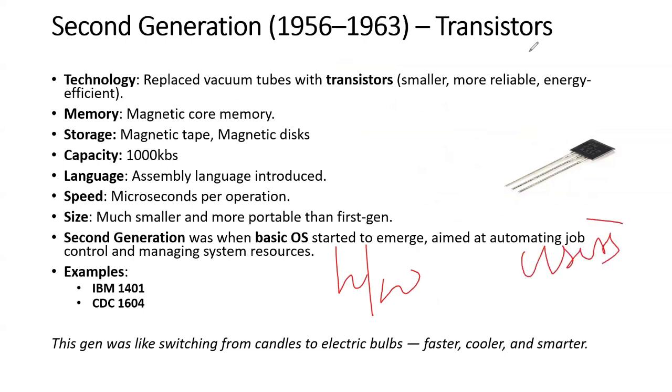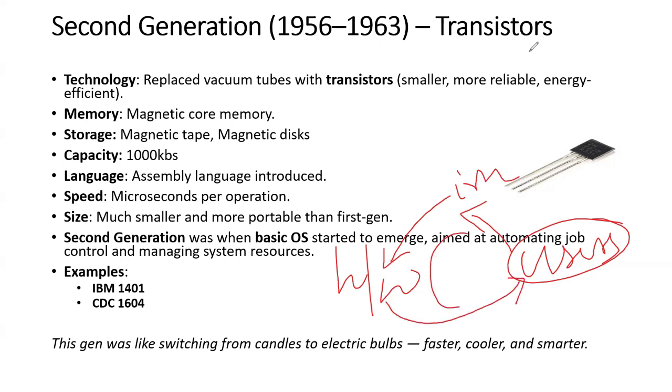Say the user wants to play a game. He has to give certain instructions, the instructions have to be executed by the hardware, and then the result has to come to the user. So we need a mediator in the middle between the hardware and software.